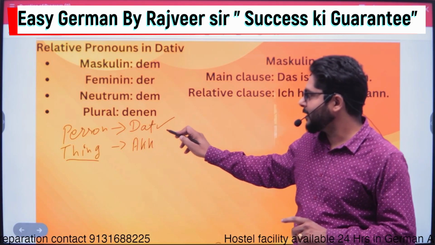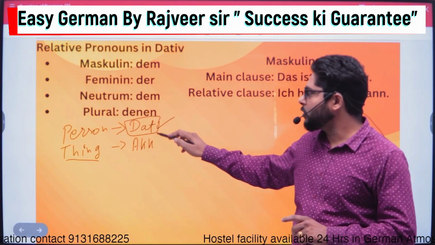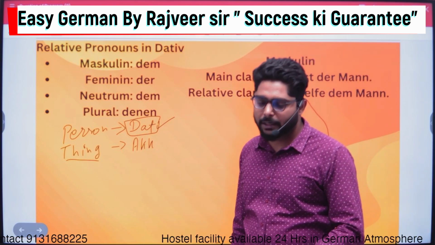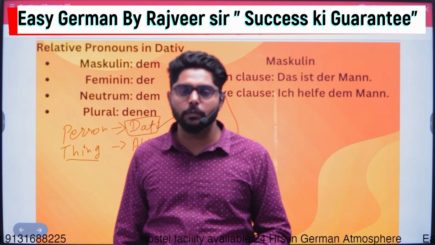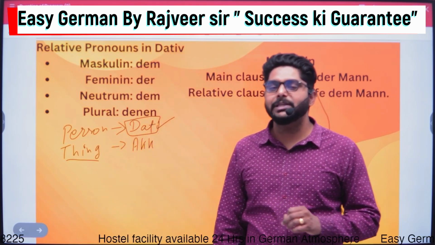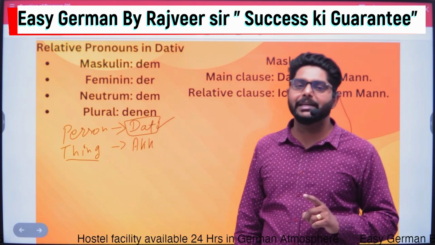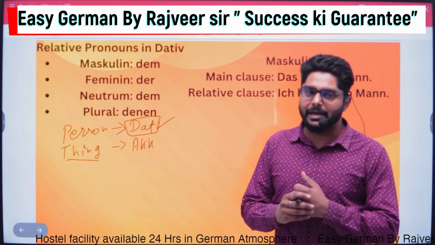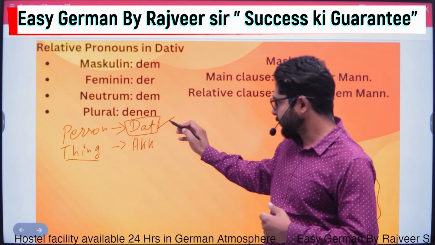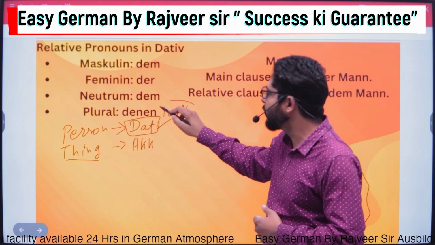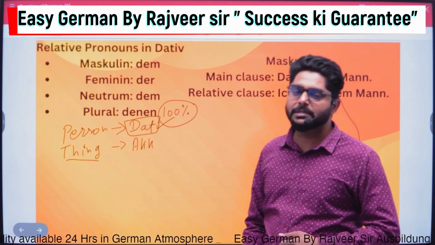Still, these sentences are also considered dative. So why is this happening? Even though I'm telling you two objects should be there, and only one object is there, it is still considered as dative, because these are fixed, 100% dative verbs.